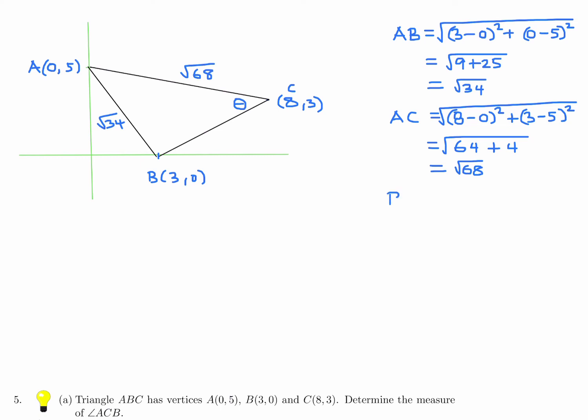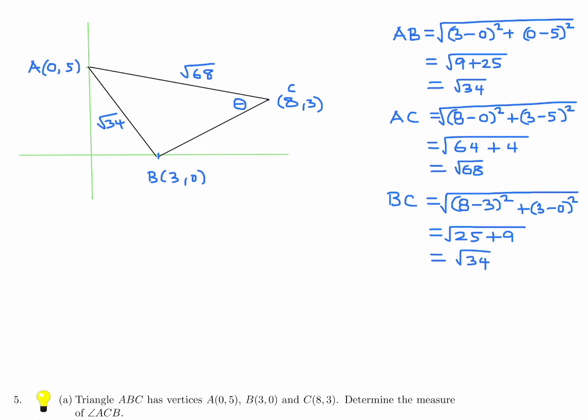And then the last one is BC: (8 minus 3) squared plus (3 minus 0) squared. That is 25 plus 9 again, and that's the square root of 34. So that's right here. Now we can use the cosine law to figure out that angle.